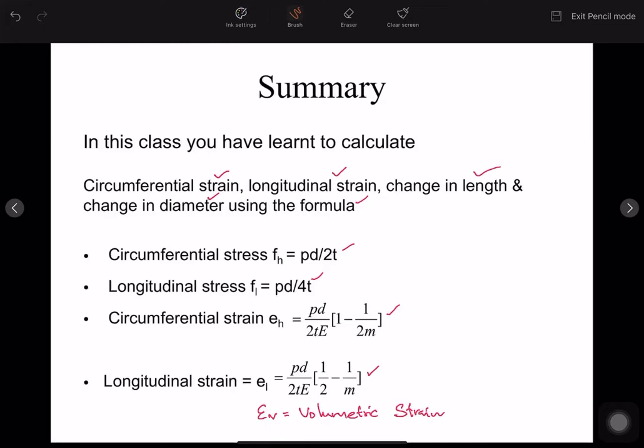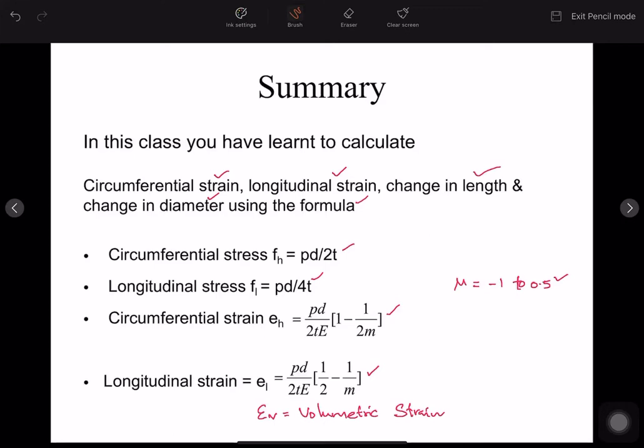It is better for you to remember the mu values, as I have already given, from -1 to 0.5. These values are useful for various competitive exams.